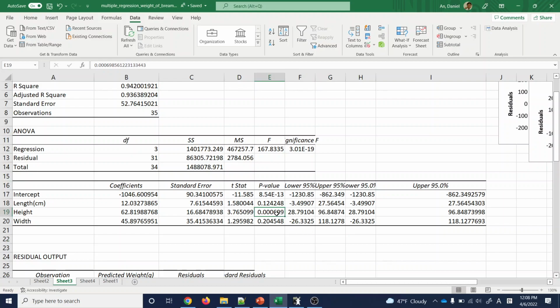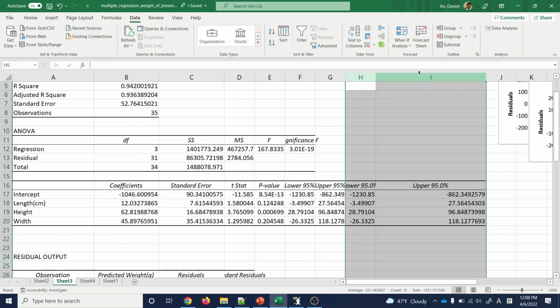All right. And then there's also the lower 95% and upper 95%. I don't know why it's repeated twice, but let's just delete this. It's not really important.